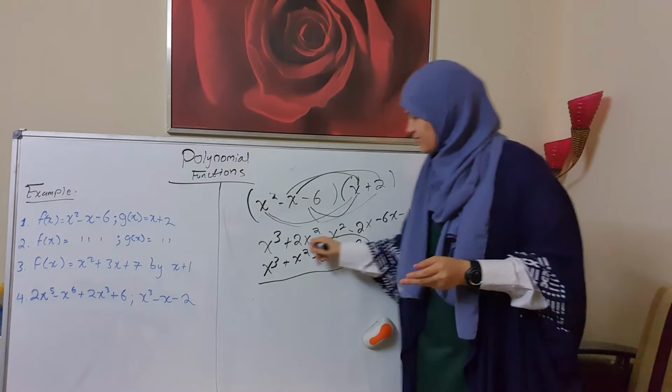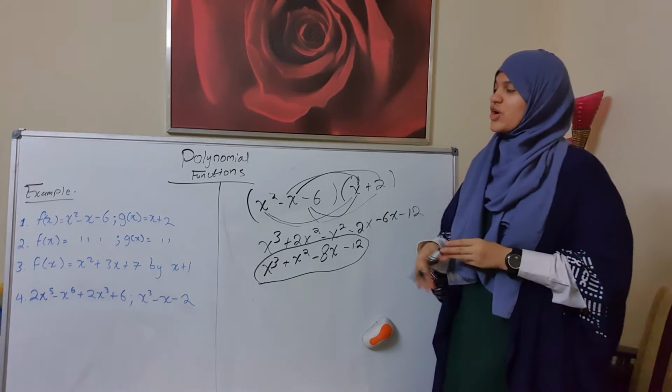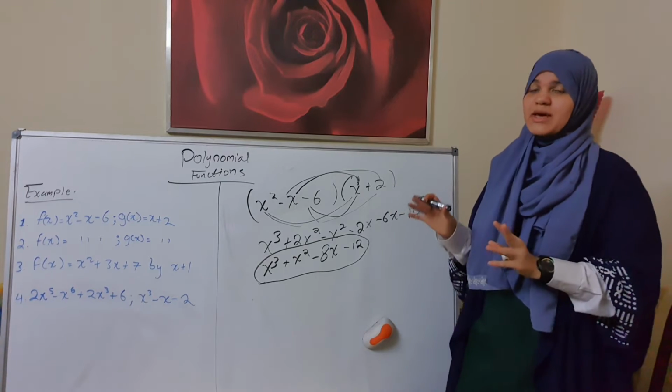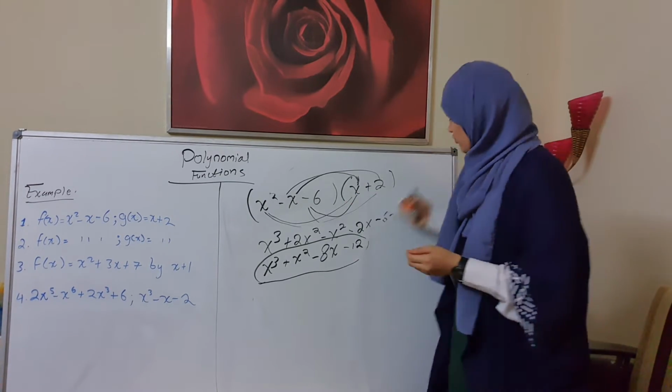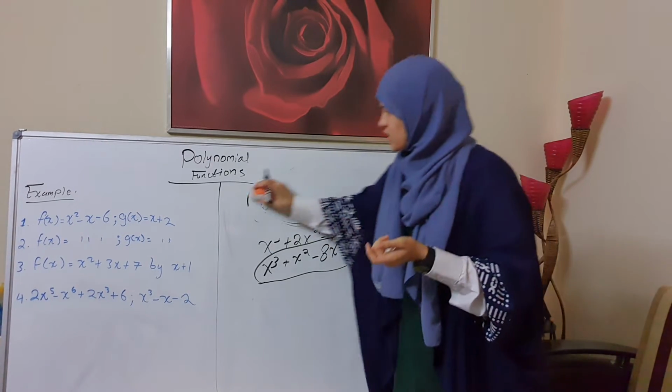It was an example about the multiplication theorem with polynomial functions. Now let's go for division, with the same functions but in the division theorem. We will do f of x divided by g of x.